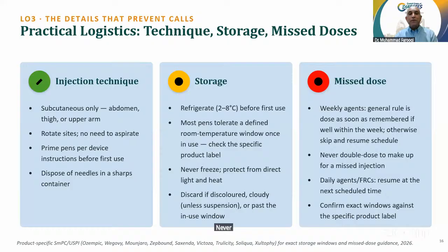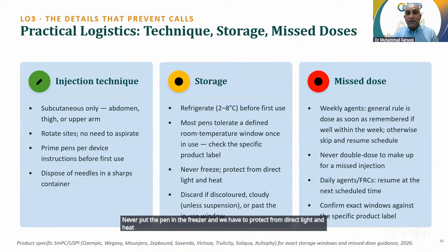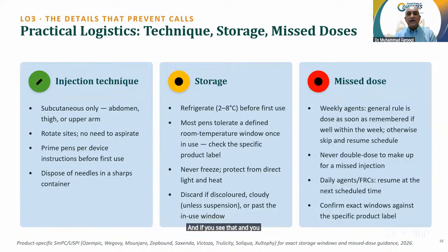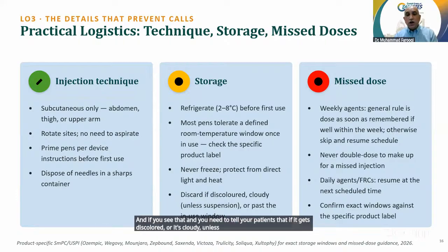Never put the pen in the freezer, and we have to protect from direct light and heat, particularly in the weather that we have in Dubai as we speak. And you need to tell your patients that if it gets discolored or it's cloudy, unless it's a suspension, or if it is past the expiry date, we don't need to use them.